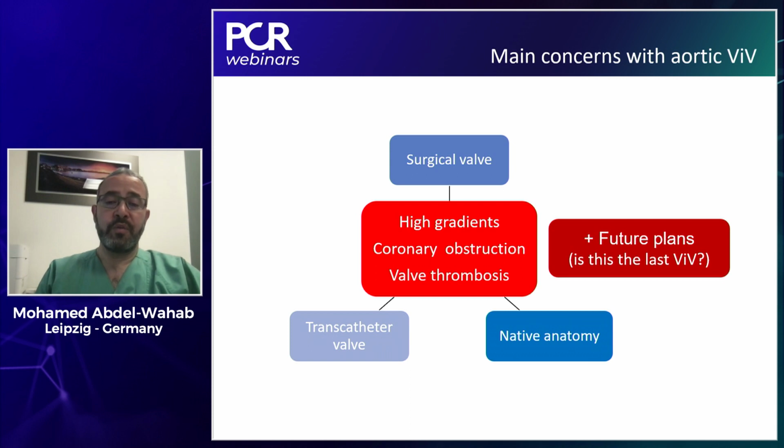And one further concern, if you wish, is that we also need to consider future plans. The younger these patients are, and the more longevity we expect, the more we will need to plan the number of valve-in-valve procedures we can perform in such patients.